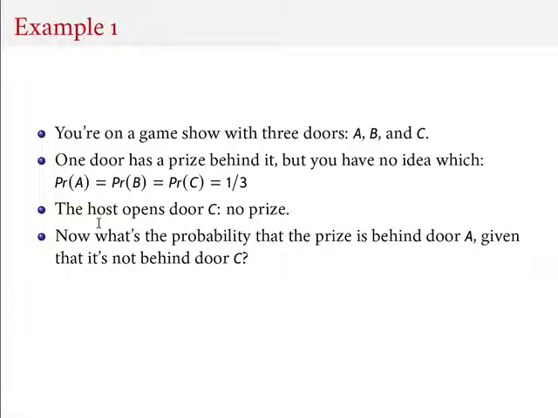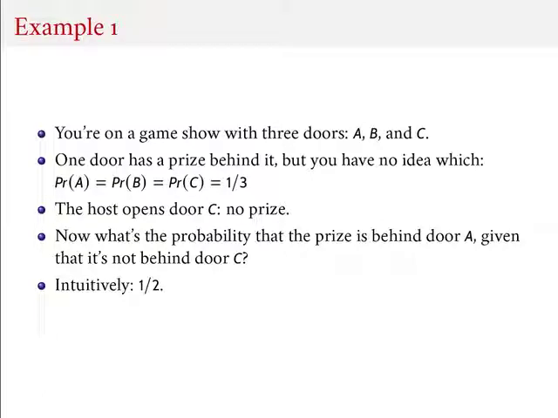So again, we start out thinking that the prize has equal chance of being behind three doors. Then we learn that it's not behind door C. So what becomes the probability that it's behind door A, say, given that it's not behind door C? Now the intuitive answer is that it is 1/2.